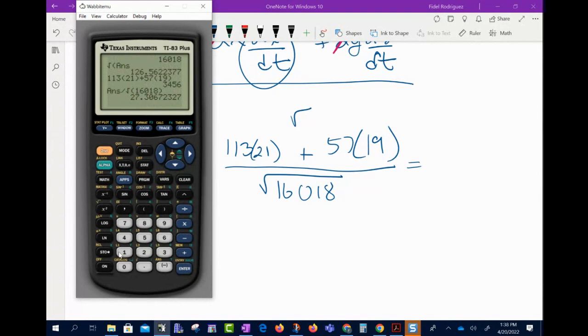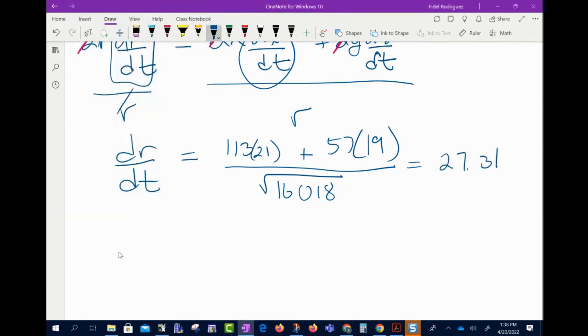And I'm coming up with about 27.31 if I go to 2 decimal places. There we go. There's our answer, guys.